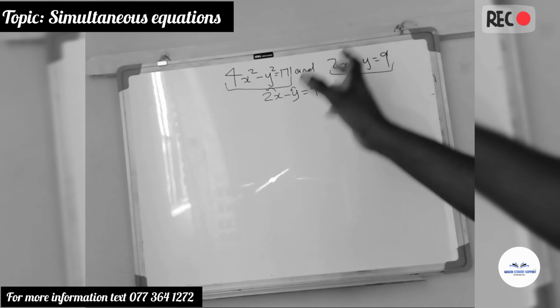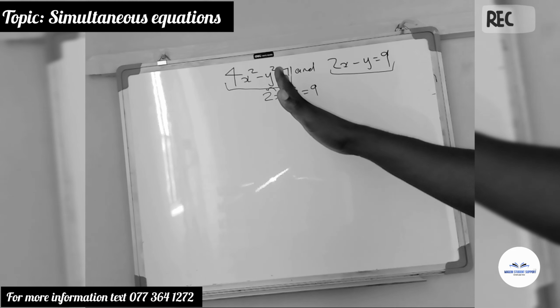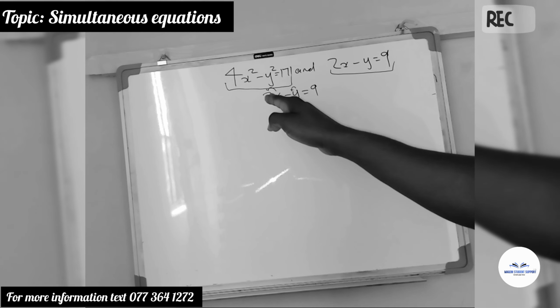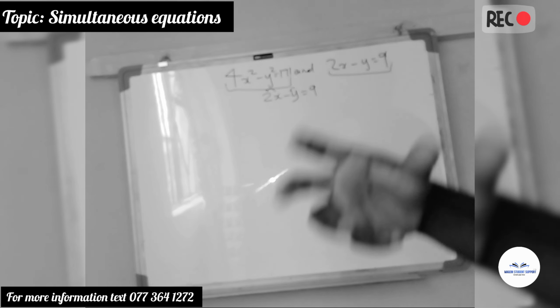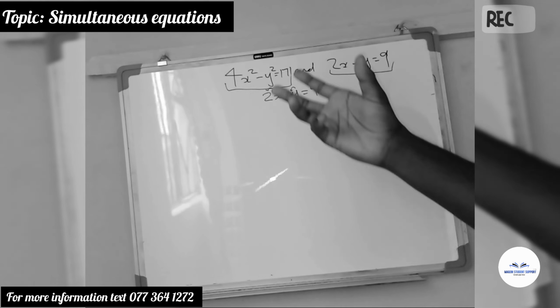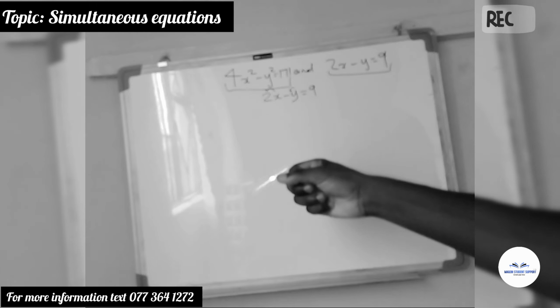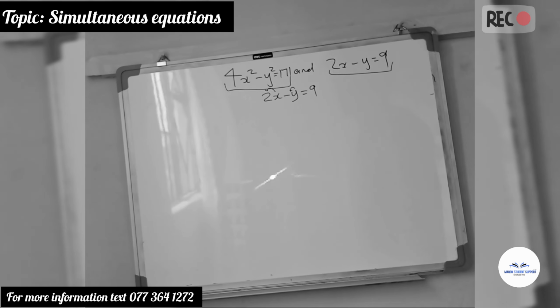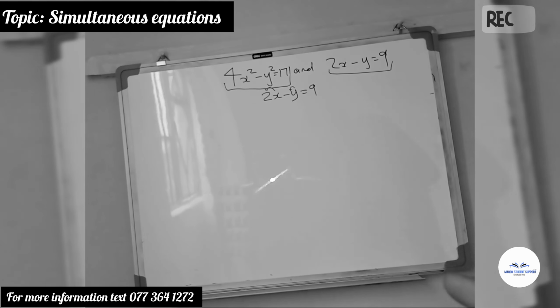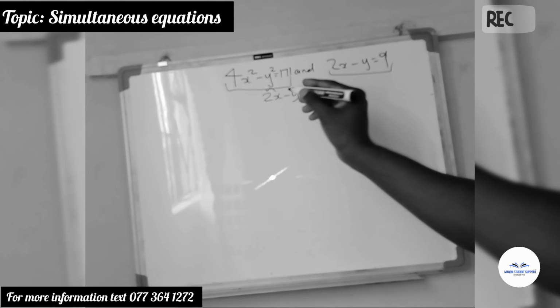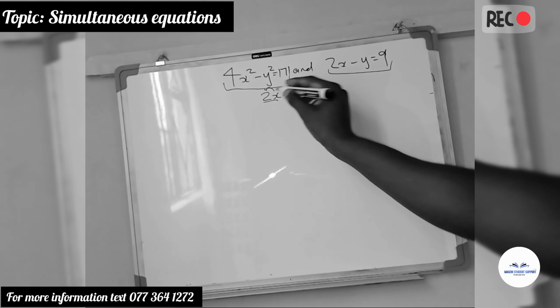So once you are given an equation in simultaneous equations, always choose to move the one that has a coefficient and leave the one without a coefficient, so that you don't have to solve fractions. If you move the one without a coefficient, it will make you solve fractions, and if you don't know how to go about fractions, it will be difficult for you to understand what you are doing. So we are moving this one because it has a coefficient.